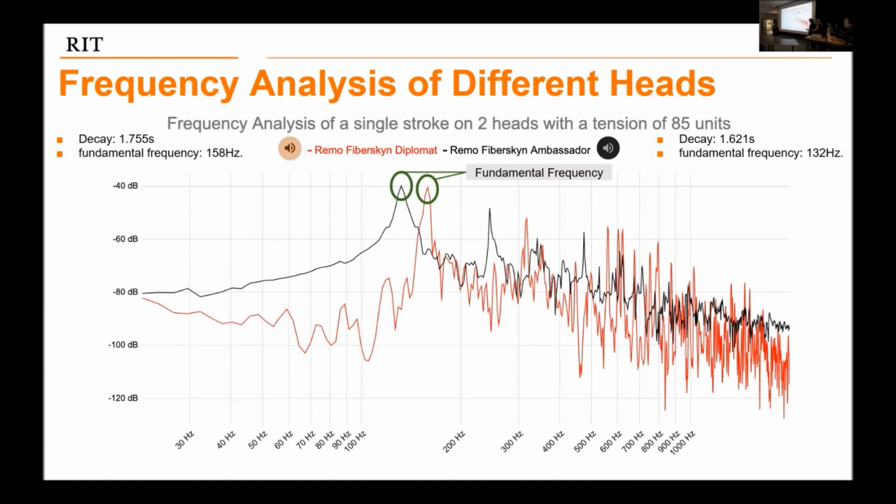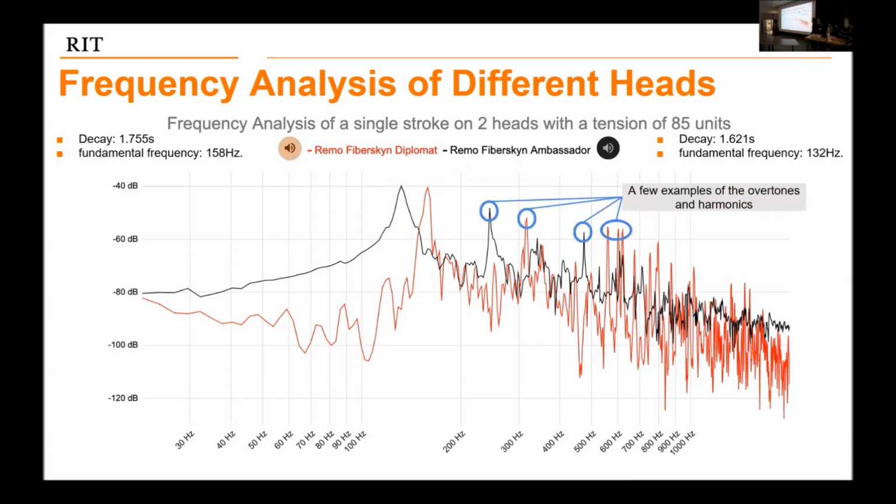But consider that drums are not necessarily going to have a specific note. They will have a fundamental frequency that the lugs will be tuned to, that the drum will have a primary sound of, but they're also going to have harmonics and overtones. So these are the other spikes that you see, and they also have a fall off when it comes to volume, which is why I cut this graph off at 2000 hertz, because anything after that is kind of negligible.